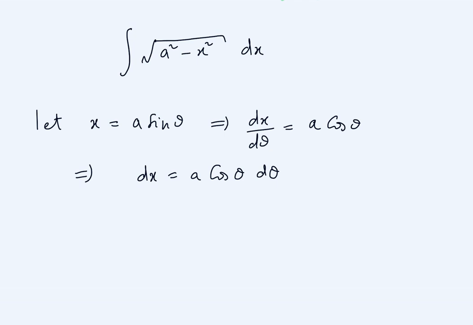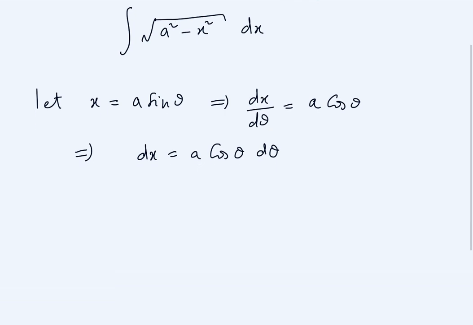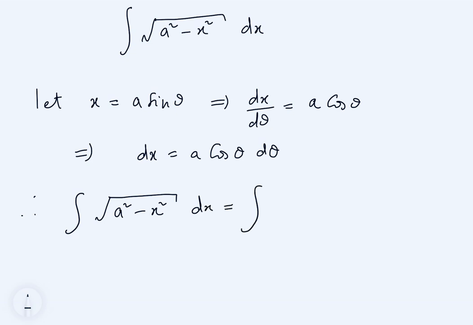So now we have to substitute this into our given integral. So we say, therefore, the integral of the square root of a squared minus x squared with respect to x is equal to the integral of the square root of a squared minus, now we substitute our a sine theta, square that.